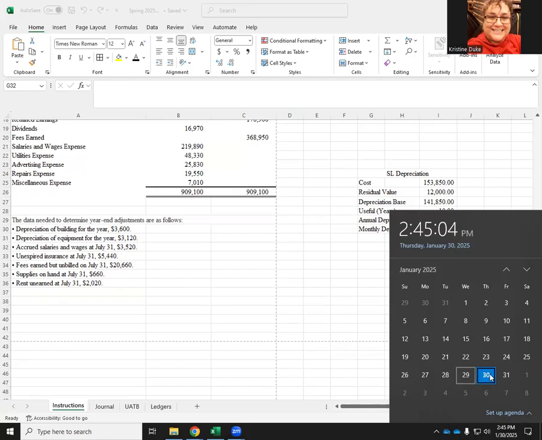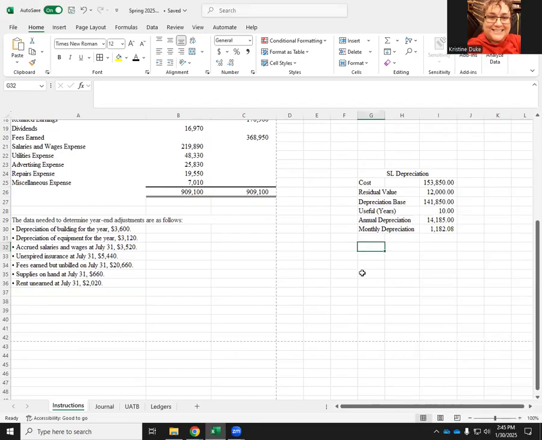Except this payroll period is not going to be paid until February 14th. Oh, isn't that fortunate? So we need to, at the end of the month, record all wages, salary that we owe to our employees, even though we're not going to pay it until February 14th.